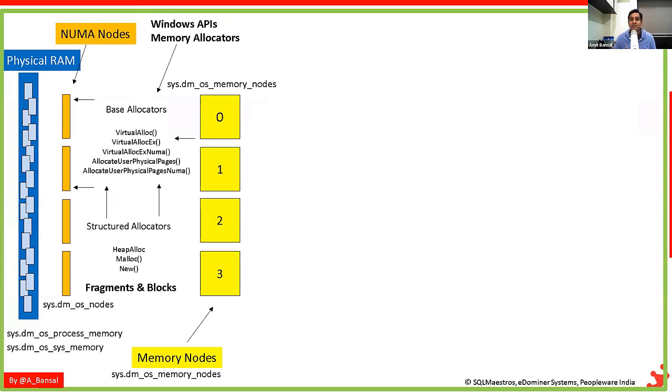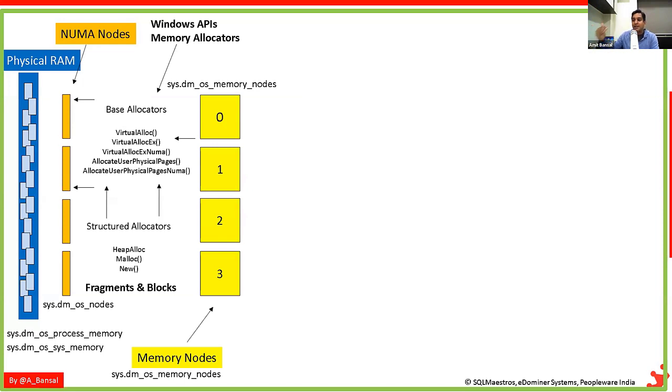And there are base allocators and structured allocators. Now, at the end of the day, these are all Win32 APIs, and depending on how the allocation is being asked for, is the allocation happening in huge blocks or is it happening in fragments, the respective Win32 API is going to be called. In most cases, it is VirtualAlloc that happens because the allocation happens via the virtual address space.